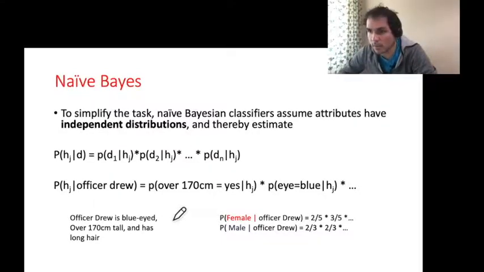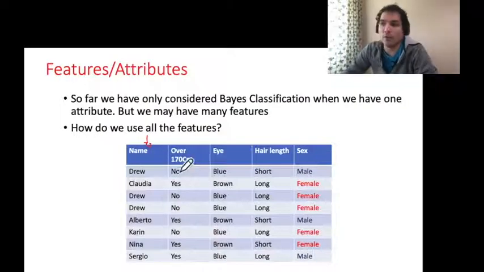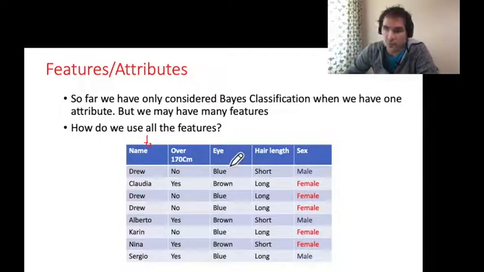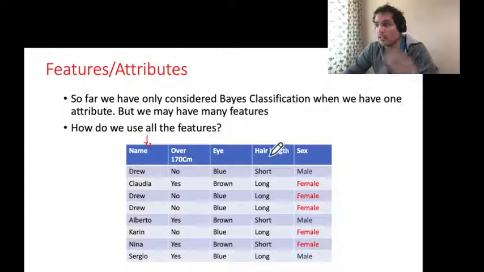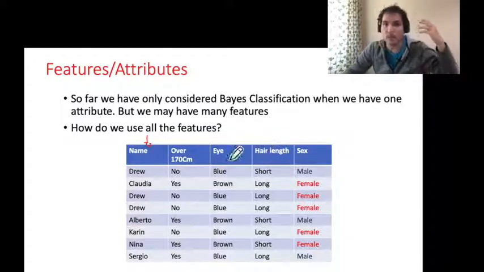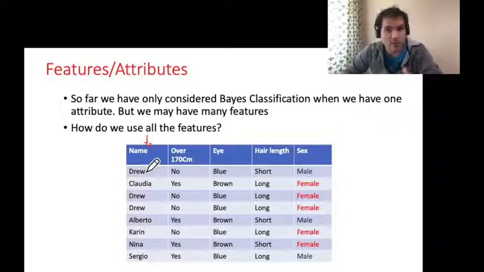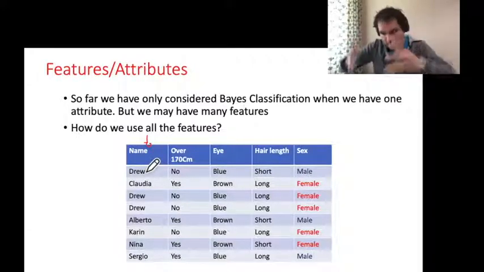That's extremely important. For example, that there is no relation between the color of the eyes and the name. That there is no relation between all the features that we have. Or, for example, there is no relation between the length of the hair and the name. These kinds of things. This is what naive Bayes is assuming. That's the assumption.